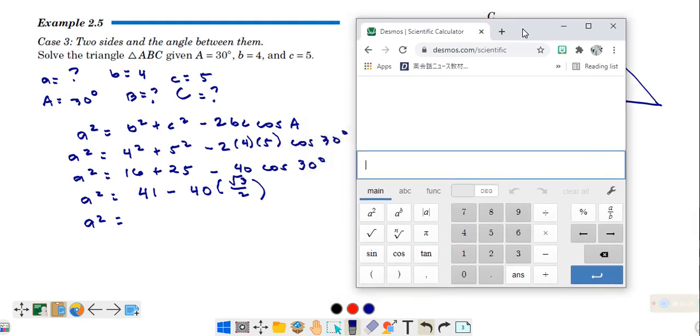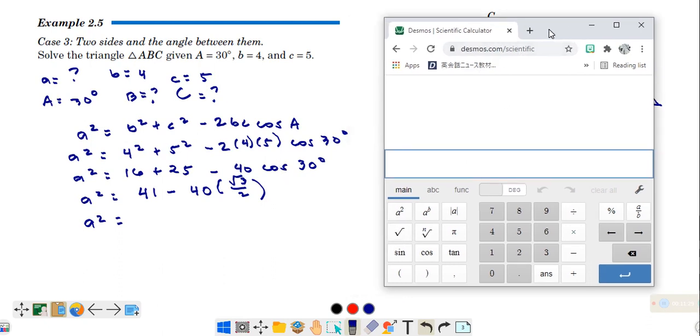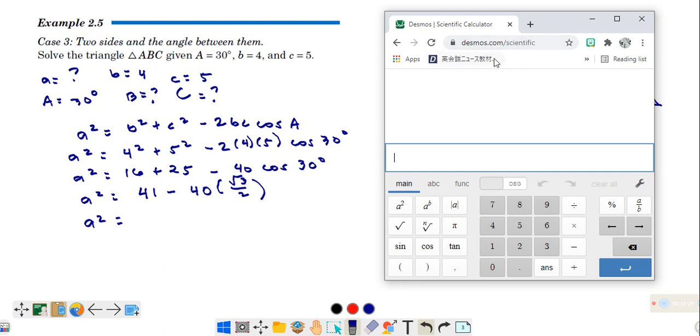Okay, and now we're back. As you can see here, I have our Desmos Scientific Calculator ulit. And as I've said, mas gusto ko na exact value yung ibinibigay or isinasubstitute na mga values as much as possible so that your final answer will be at its closest possible dun sa tamang sagot.